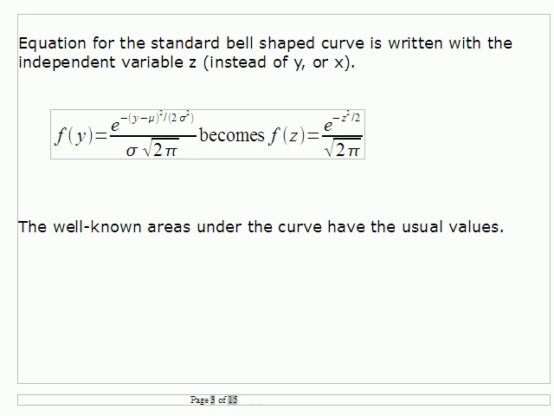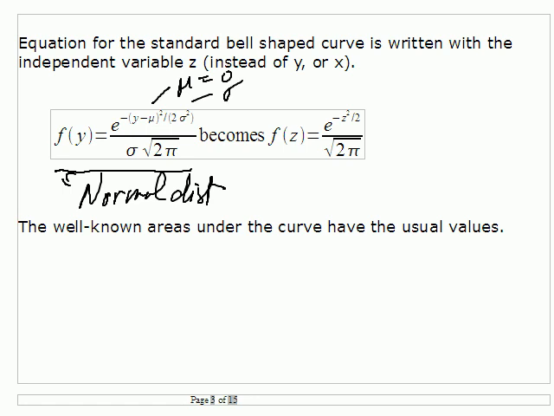Here's the equation for that standard normal distribution curve. This is the equation for any bell-shaped curve, any normal distribution. But for the standard one, remember the mean is 0 and the standard deviation is 1, so when you substitute those values, you get the equation that looks like this.